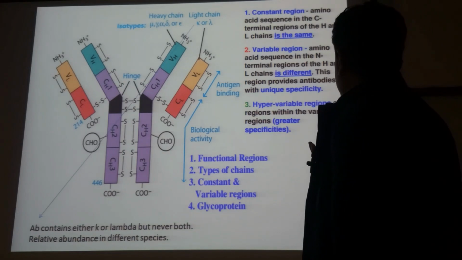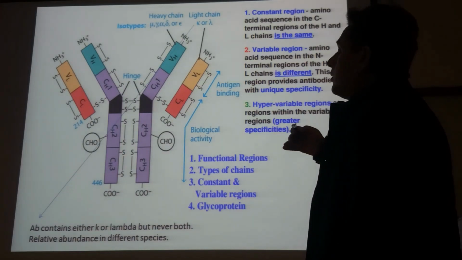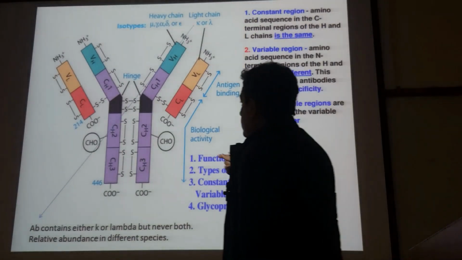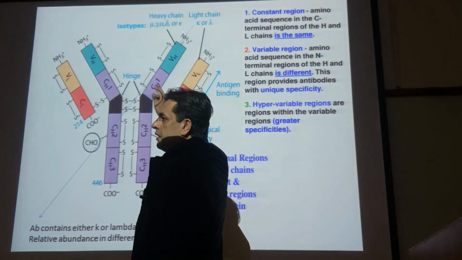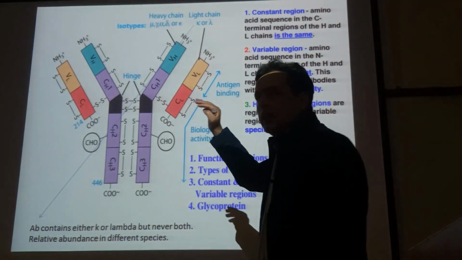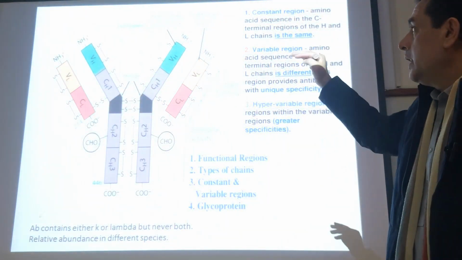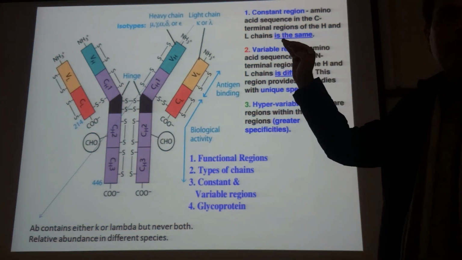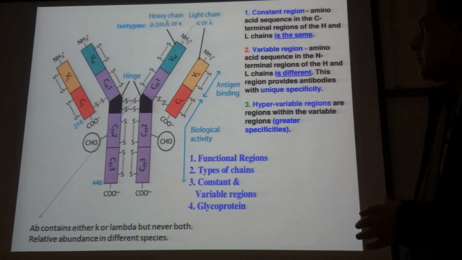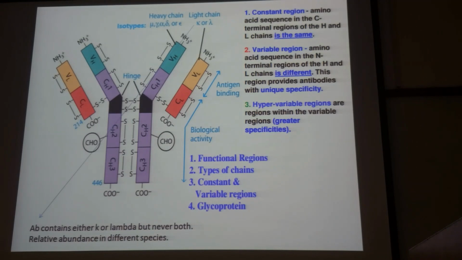And this region provides antibodies with unique specificity, as I told you. Specificity lies only there at the variable region. And that provides the antibody with this specific arrangement of genes that is responsible for binding with different pathogens.